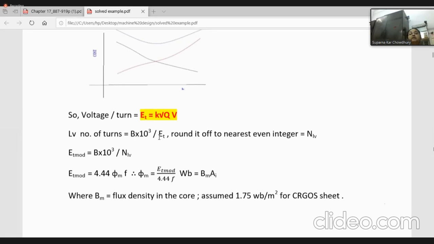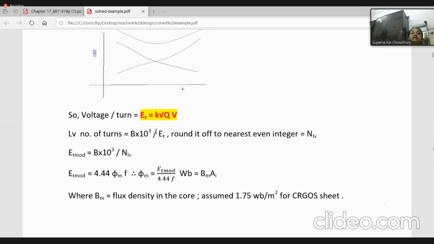Now obviously the number of turns should be an integer, and as it is a single phase core type transformer, we have to arrange half of the turns on one limb and half on the other limb. So it should be an even integer. Whatever value comes here should be rounded off to an even integer. Say if it comes to be 3.3 or something, we have to go for 4.